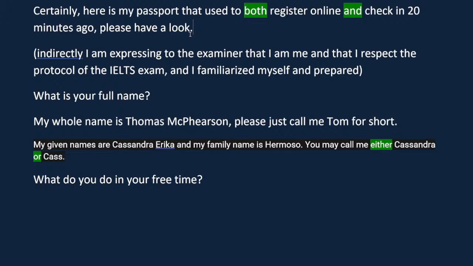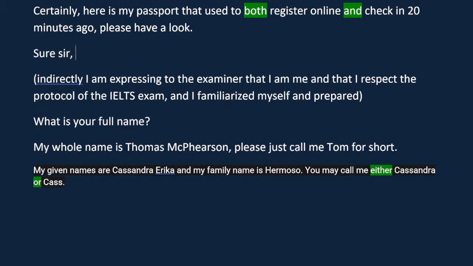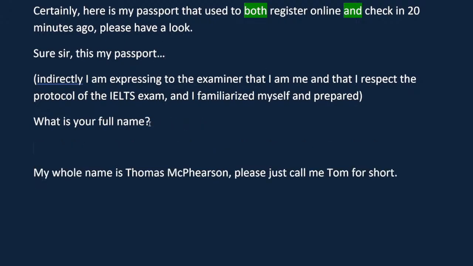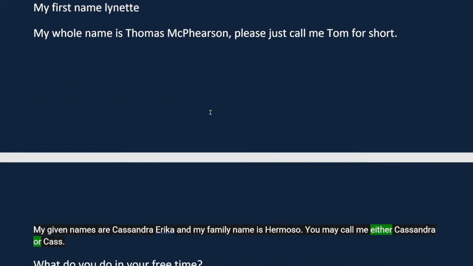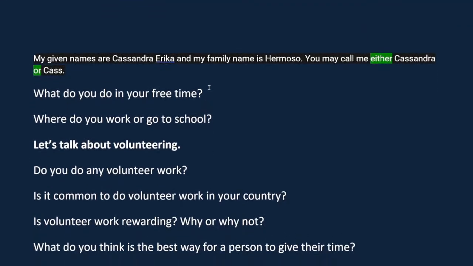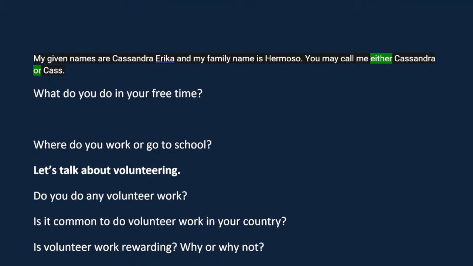Sure, sir. This is my passport that I used to register for this exam. Please take a look. What is your full name? My first name is Lynette, and my family name is Atiteo. You can call me Lynette. What do you do in your free time? Well, I can consider myself a night owl.